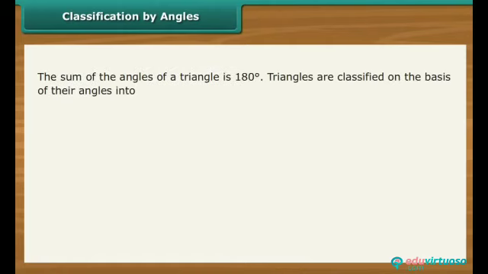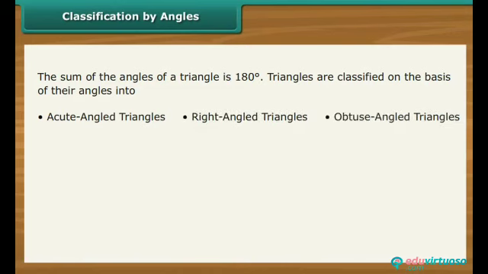Classification by angles. The sum of the angles of a triangle is 180 degrees. Triangles are classified on the basis of their angles into acute angled triangles, right-angled triangles and obtuse angled triangles.